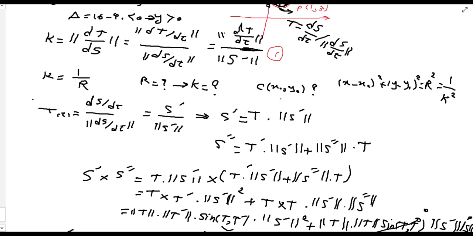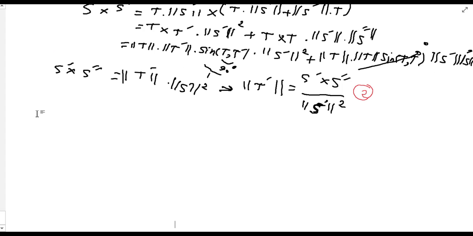Now with 1 and 2 I can rewrite again the curvature to reach the formula for curvature. So the curvature will be equal to, according to 1 and 2, the norm of dT over the norm of r'.